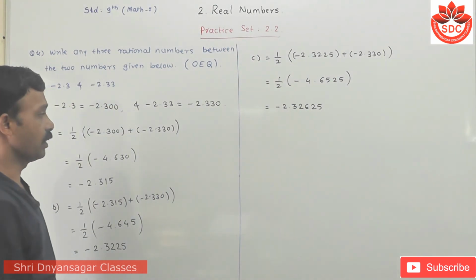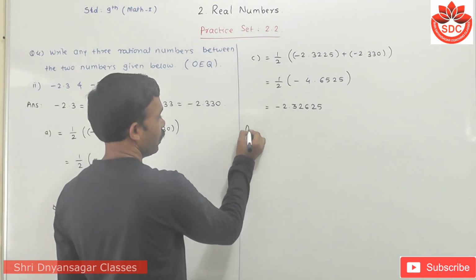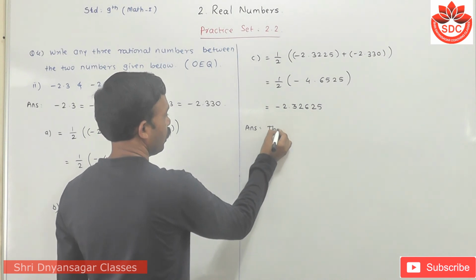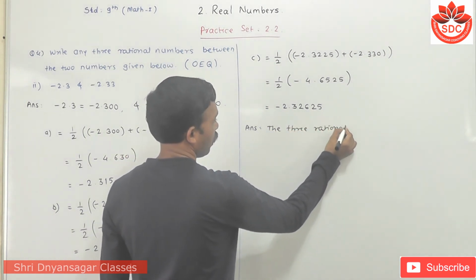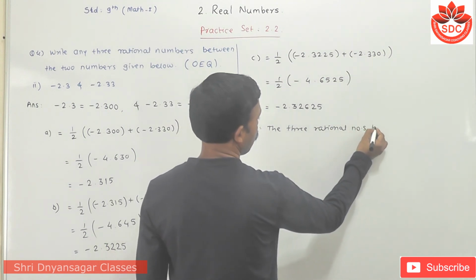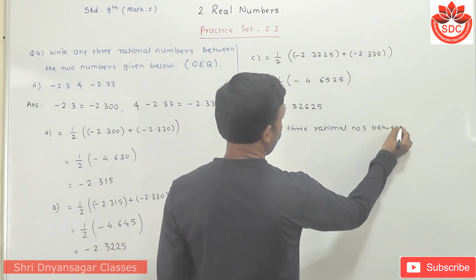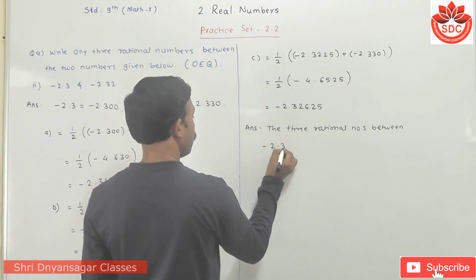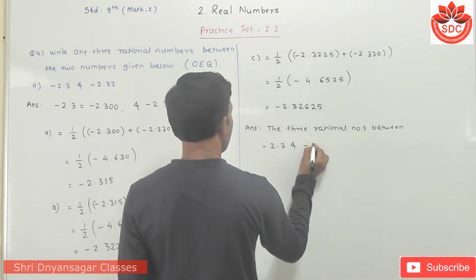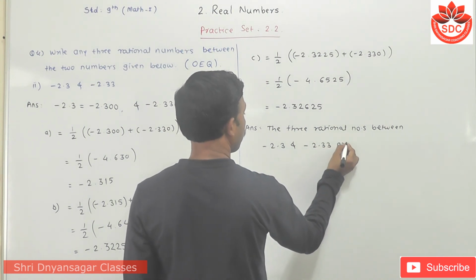That means the answer in a full sentence: the 3 rational numbers between minus 2.3 and minus 2.33 are.